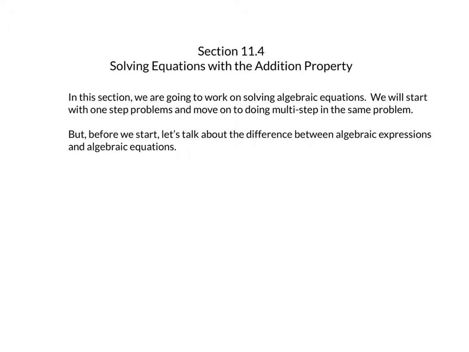But before we start, let's talk about the difference between algebraic expressions and algebraic equations. An algebraic expression does not have an equal sign. It's just a mathematical idea written in symbols.